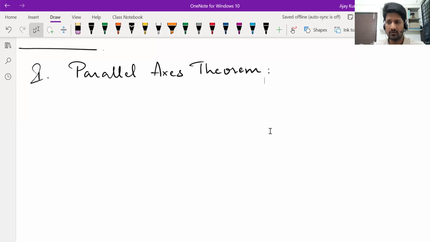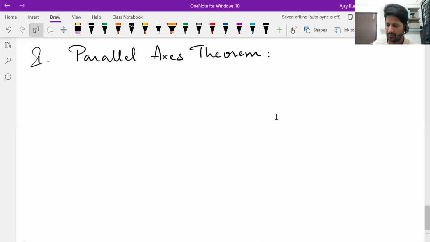In your final JEE Mains and Advanced exams also, exclusive questions will be asked based on only moment of inertia. They'll give you a system and ask you to calculate its moment of inertia. It is that important. And of course, moment of inertia is also used to calculate kinetic energy, as we have already seen. And there are some other ways also in which it can be used. So this quantity moment of inertia is extremely important. So you need to know how to derive it about any axis for any system.